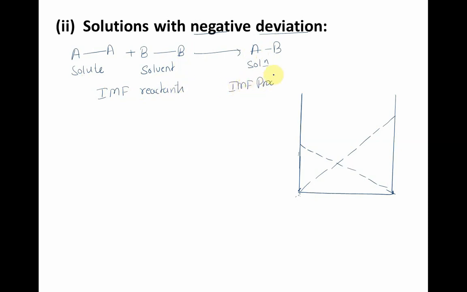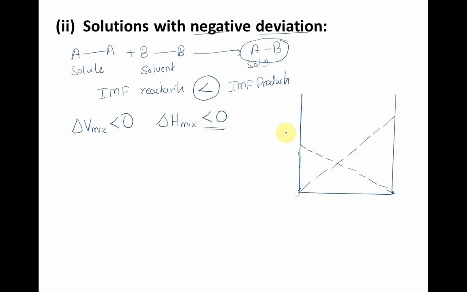It indicates that molecules present in the solution are very near to each other compared to their pure state. That indicates that delta V mixing is less than 0. Whenever molecules come closer with each other, it is possible only with the liberation of heat energy. Therefore, delta H mixing is also less than 0.